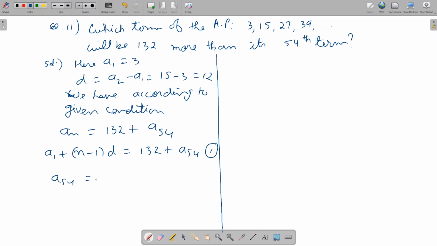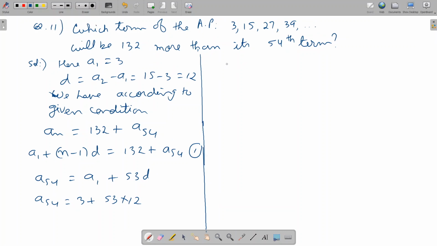A54 is equal to A1 plus 53D, that is N minus 1 times D. So A54 equal to A1, which is 3, plus 53 into 12.